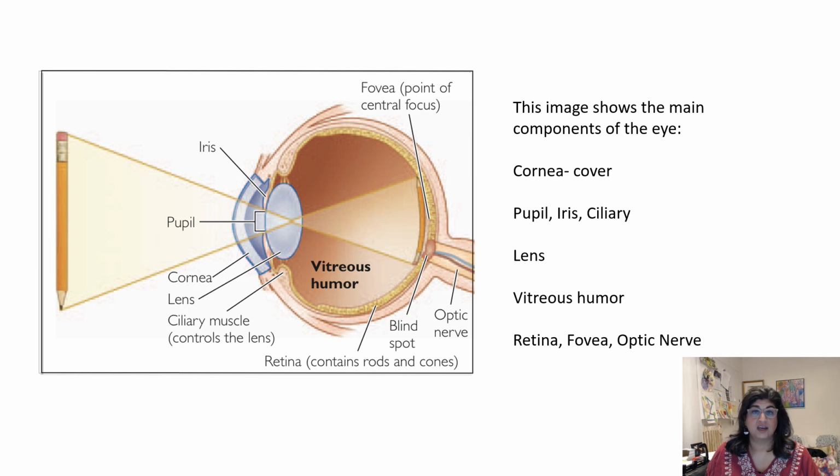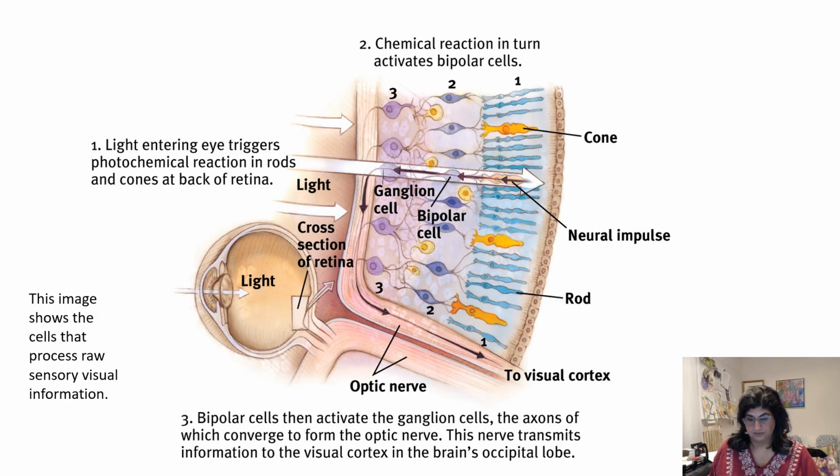And our retina is filled with these cells, and these cells interpret different elements of the visual image that we see. Our cones and our rods, our bipolar cells, and our ganglion cells then form the axon that goes to our visual cortex.